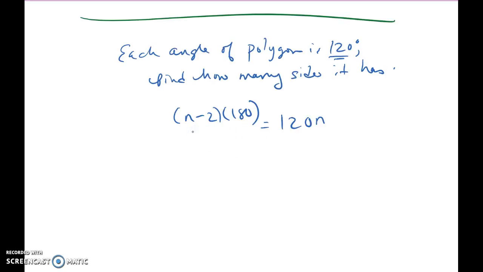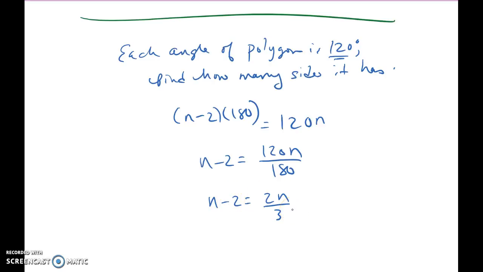And then from there, we would distribute or divide. I guess we could divide by 180. So n minus 2 equals 120n over 180. We could reduce that. n minus 2 equals, what is 120 over 180? That's 12 over 18, which is 2/3.